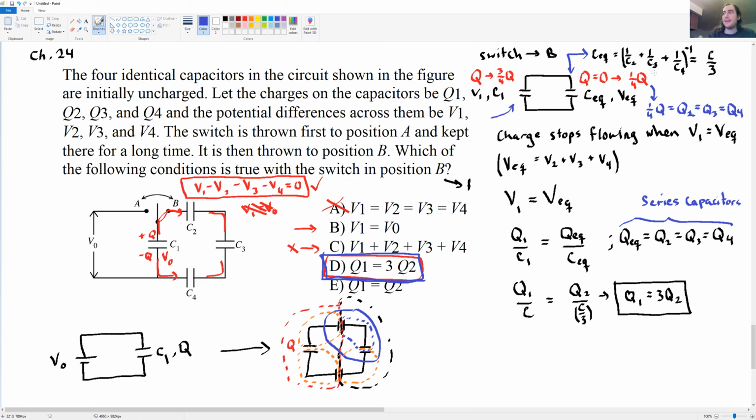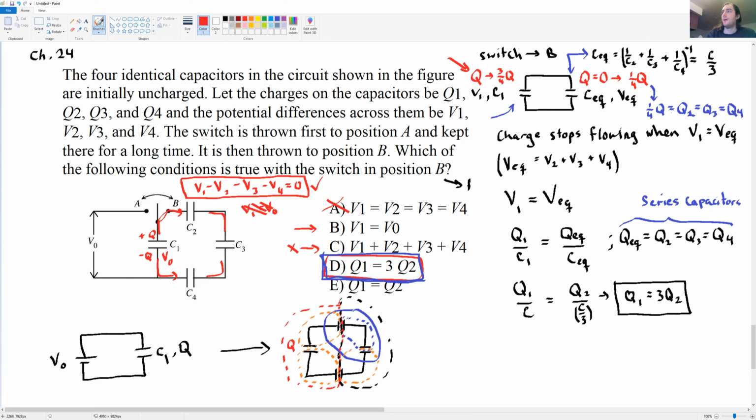And so in red, by the circuit diagram here, we will be able to show that the charge on capacitor 1 will decrease to 3/4 Q, and the charge on the other 3 capacitors will increase to 1/4 Q. And since those capacitors are connected in series, by the same Gaussian surface arguments before and charge conservation, we know that the series capacitors will all have the same charge. So 1/4 Q is going to be the charge Q2, Q3, and Q4.